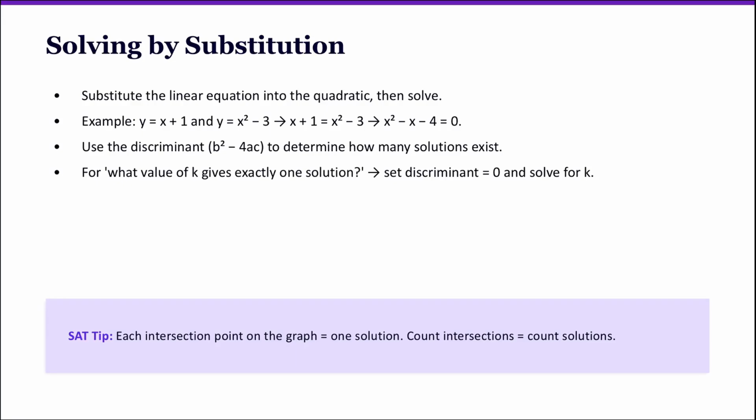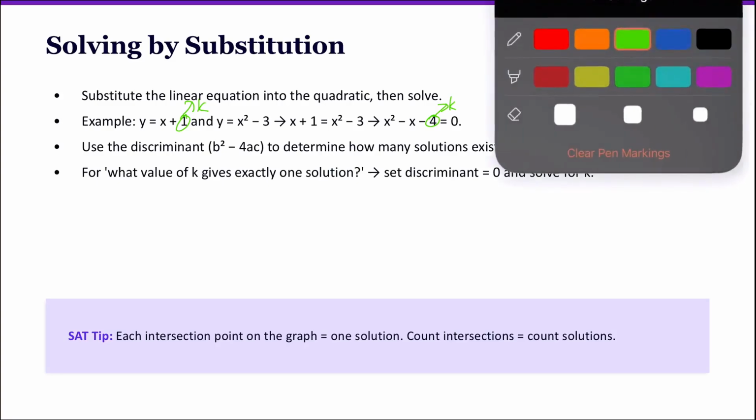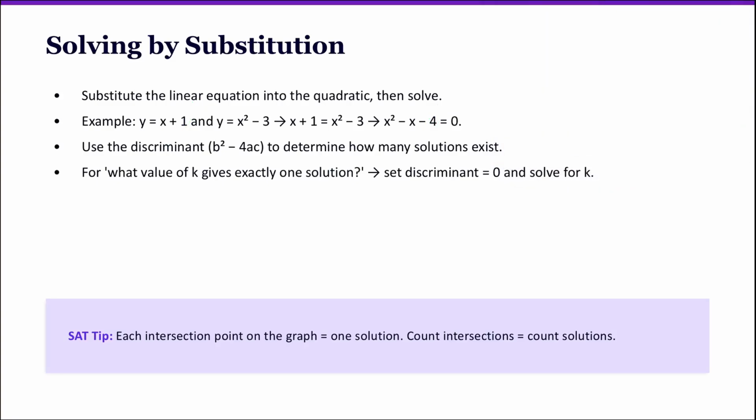And you can use the discriminant to find how many solutions there are and what value of k gives exactly one solution. So that's a common question they'll ask, where maybe instead of giving you this 1, they'll set it equal to k. Or maybe instead of giving you this 4, they'll say equal to k. So they'll just replace one of the numbers with k, and then they'll ask what value of k gives exactly one solution. And in that case, the discriminant is going to be 0.